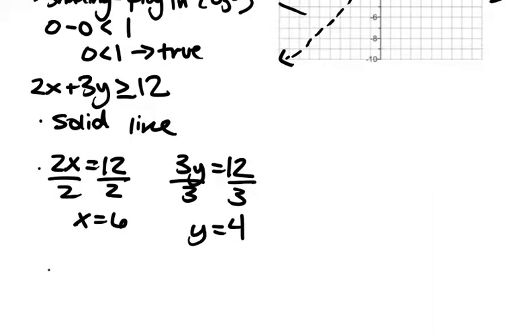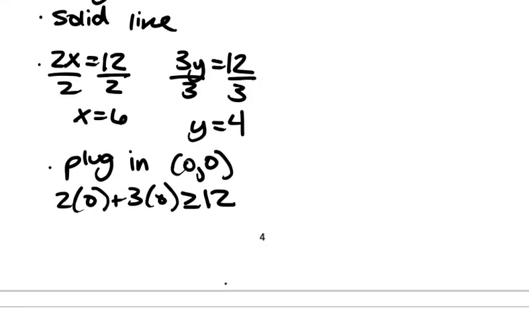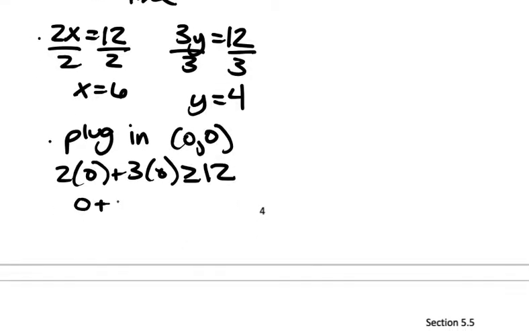So we're going to have 2 times 0 plus 3 times 0 greater than or equal to 12. 0, 0. So is 0 greater than or equal to 12? No, that's false.